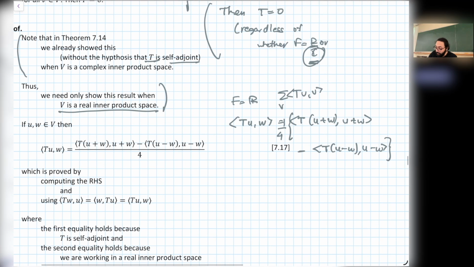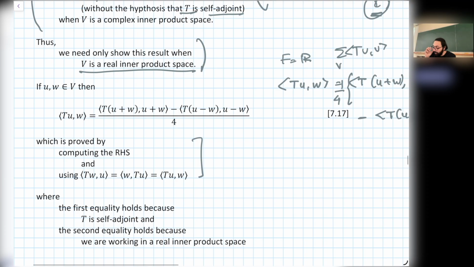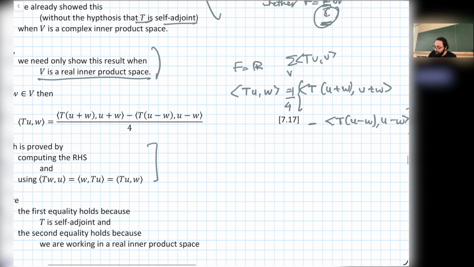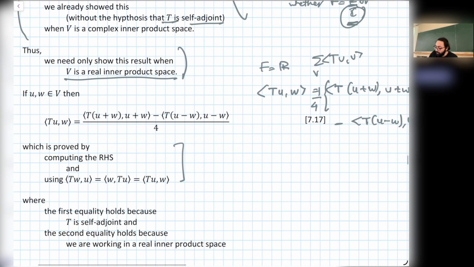How do you prove this? This is basically just computation. You're going to simplify it like you did the last time, but you're going to need 2 extra properties. You're going to use the fact that <Tw, u> equals <w, Tu>.